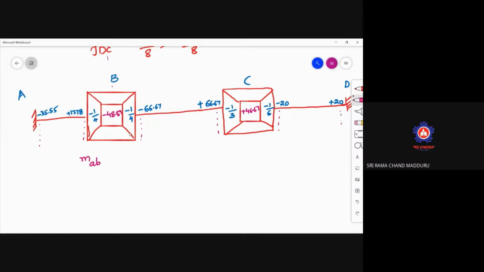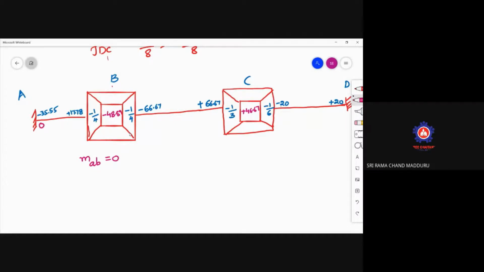As the supports are fixed at A, you can observe that MAB will become 0 initially. The rotational moment here is 0.